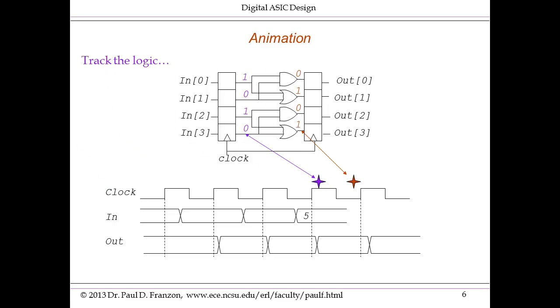The combinational logic takes a little bit of time to evaluate, but its evaluation is completed before the next rising edge of the clock. If you do the logic operations, 1 and 0 is 0, 1 or 0 is 1, 1 and 0 is 0, 1 or 0 is 1. The output of the combinational logic, which is now being presented at the second register, is 1010 or A. Thus, after the next rising edge of the clock, A gets transferred to the outputs of that register.